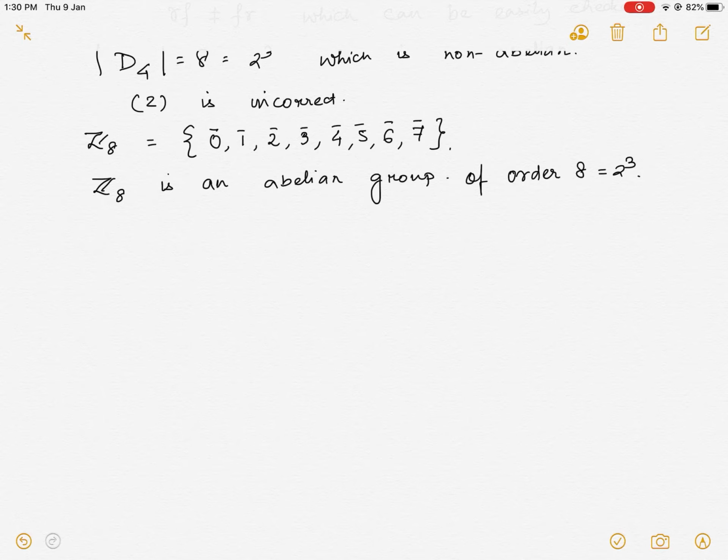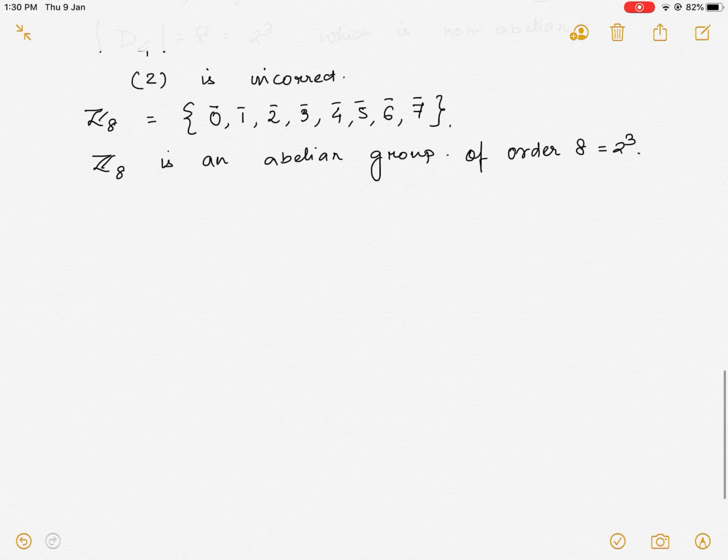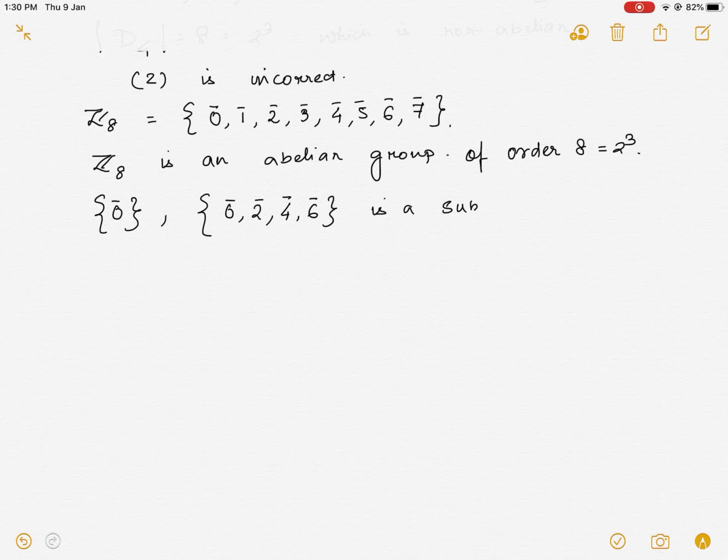We know that {0} is a subgroup of Z8, and {0, 2, 4, 6} is a subgroup of Z8 other than the zero subgroup and Z8.